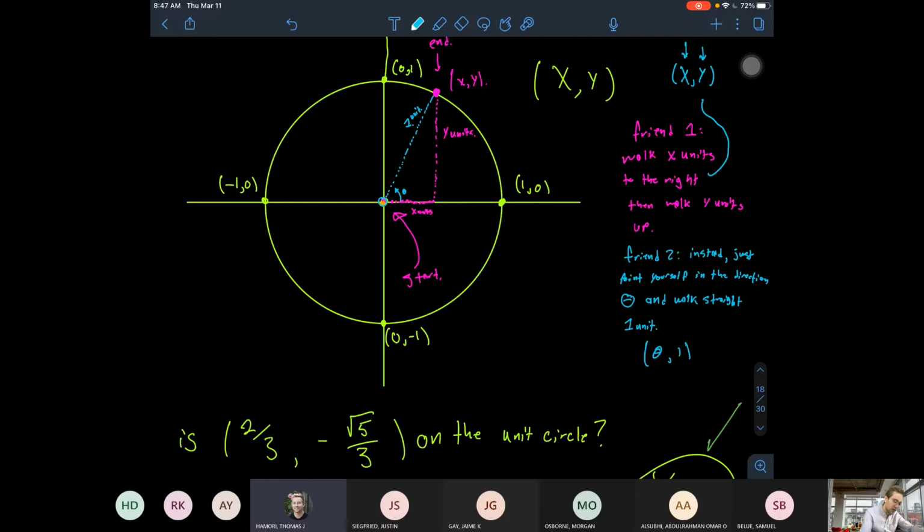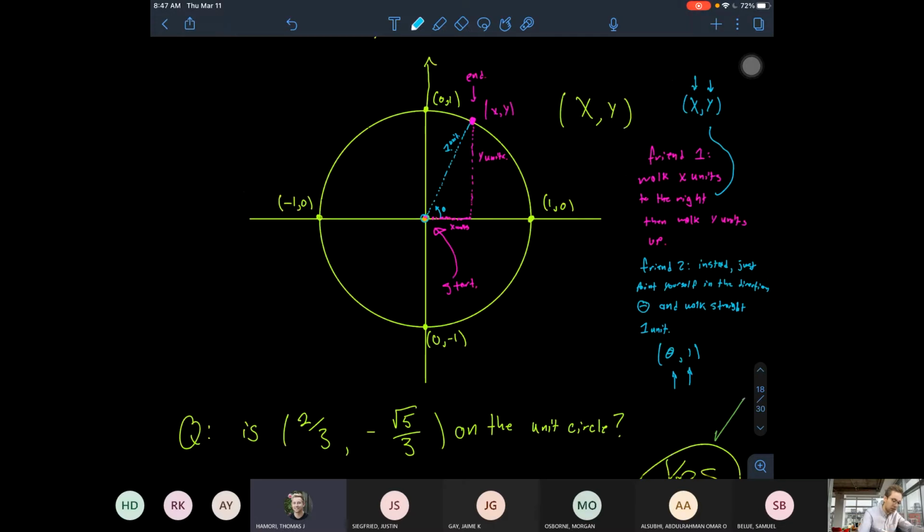The way we read this is turn yourself theta degrees and then walk 1 unit away in that direction. So we want to develop a relationship between turn yourself theta degrees and walk 1 unit, and walk x units to the right and y units up or down. This is what we want to understand.